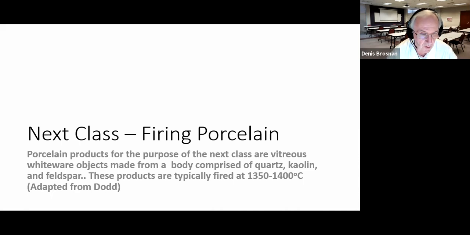So there's a lot of fun things to talk about that we haven't talked about, but I really wanted you to see that connection between laboratory instruments and what they tell us, phase diagrams and what they tell us, thermal dilatometry, what it tells us, and how we adjust the firing temperature.